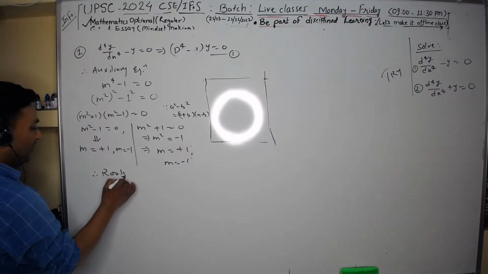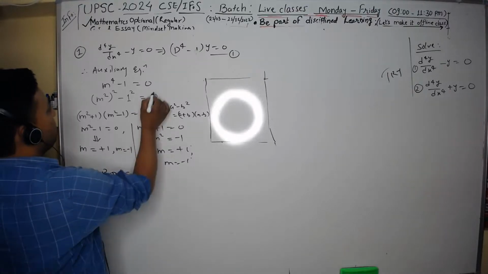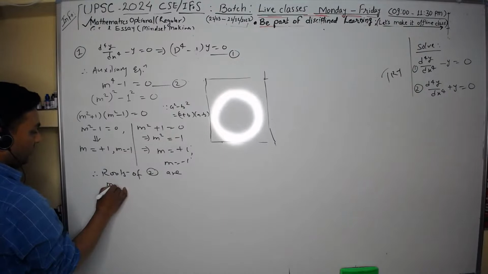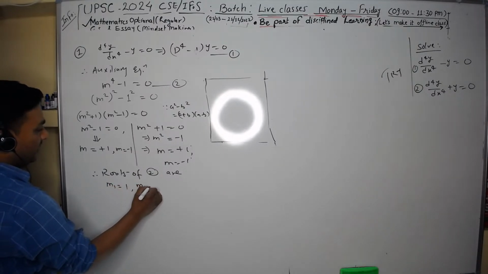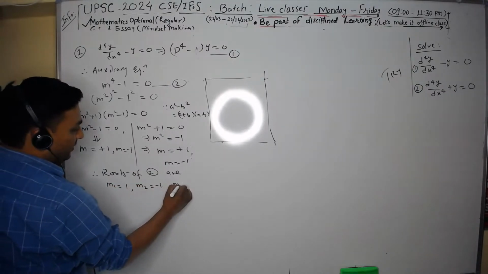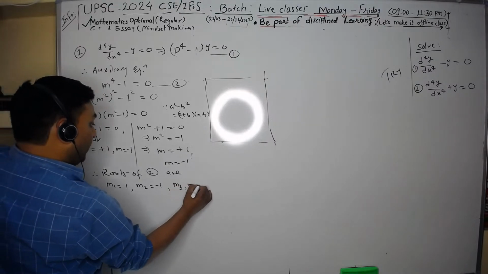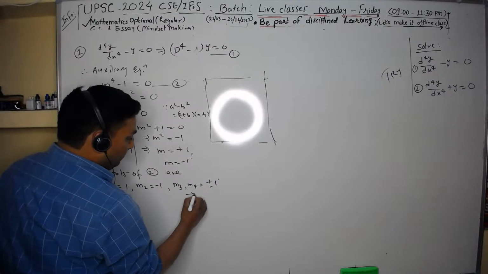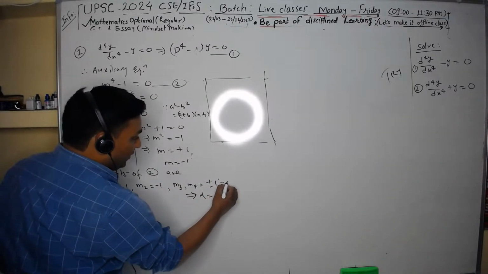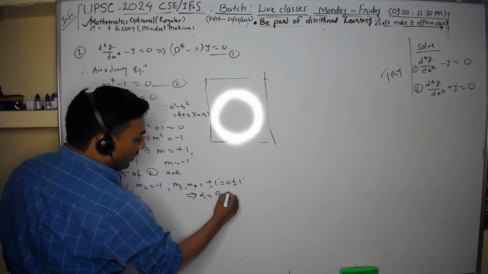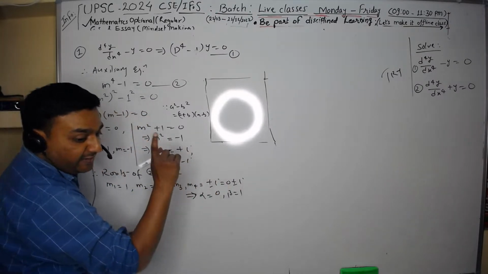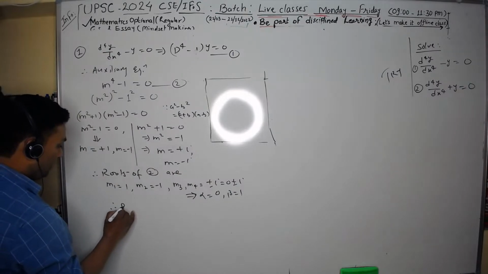So roots of auxiliary equation are m1 equals 1, m2 equals minus 1, m3 and m4, those are plus minus iota. This implies 0 plus minus iota. So alpha का value 0, beta का value iota का coefficient, that is 1.